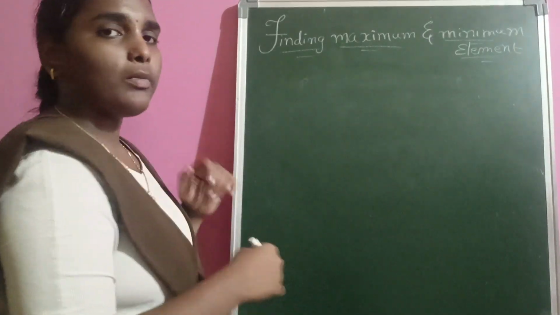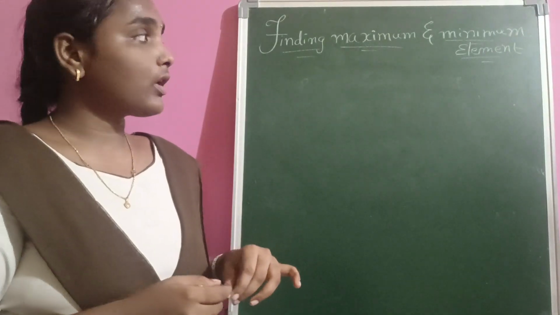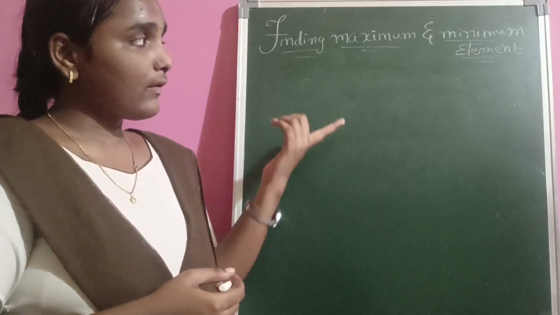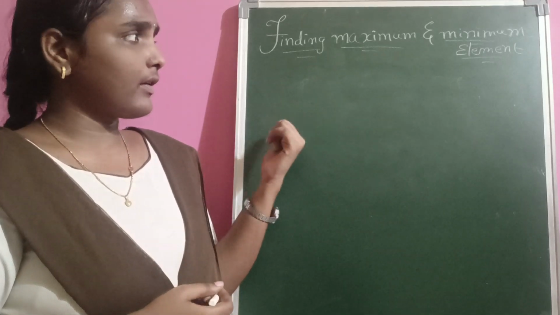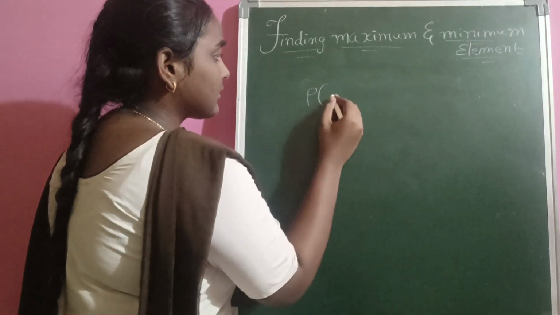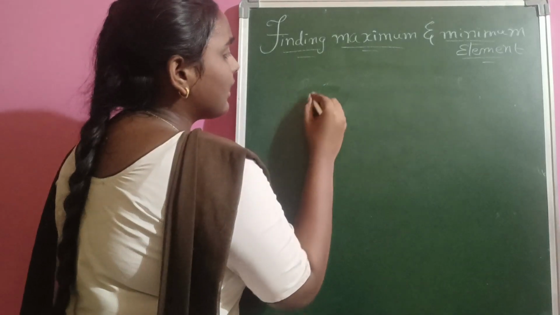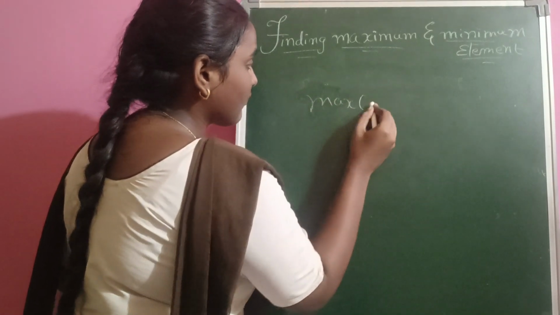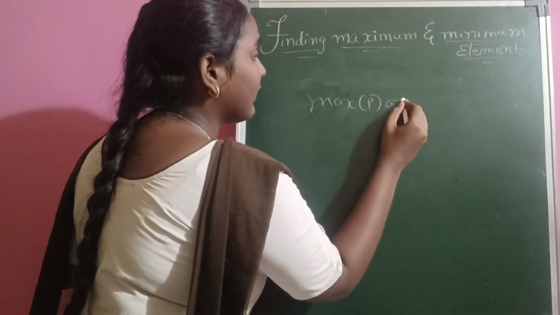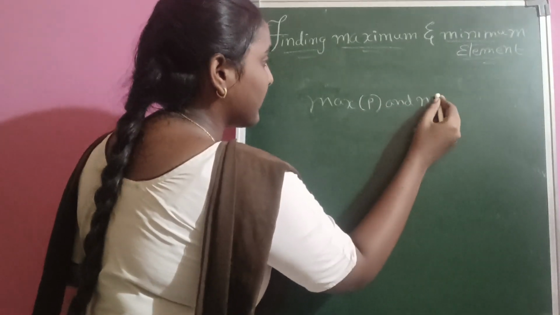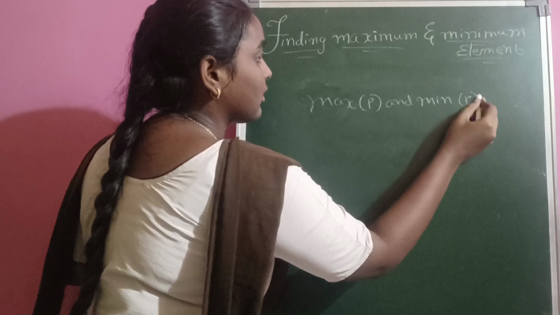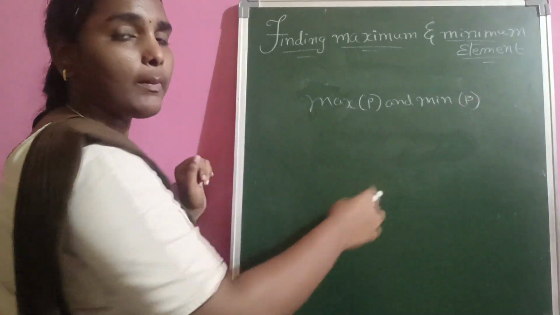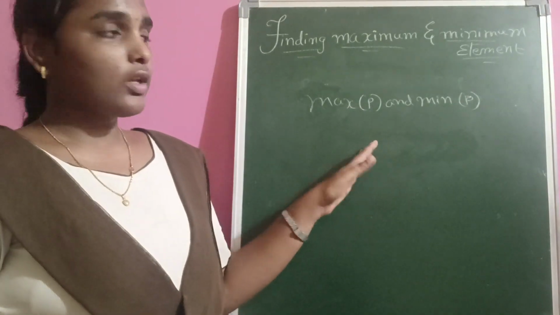After dividing the problem, we need to combine the solutions. Here we can combine as follows: max of P and min of P are the maximum and minimum elements in the problem.